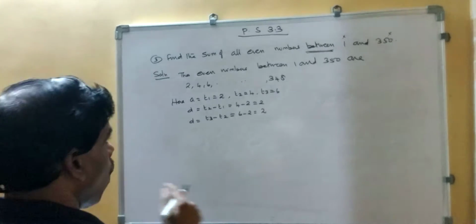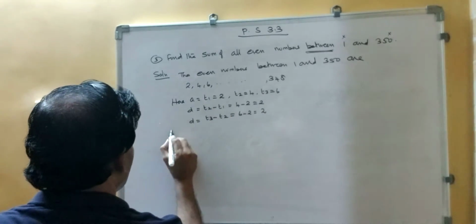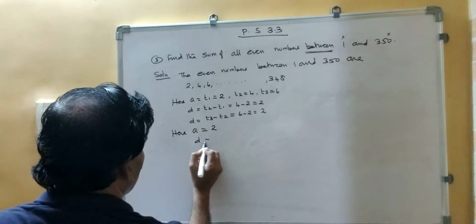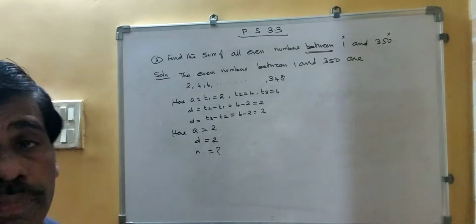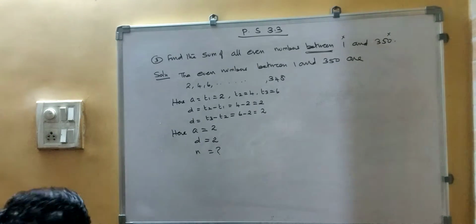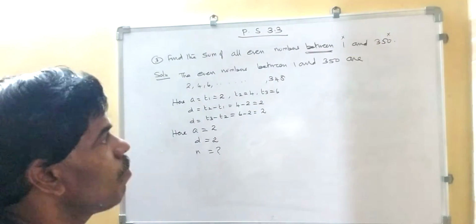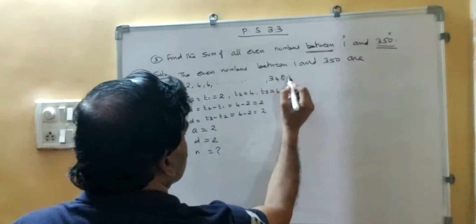Now we know the value of a, a equal to 2, d equal to 2. Now n you have to find out. We have to find out the value of n. But what is the nth term? See, the nth term is given.